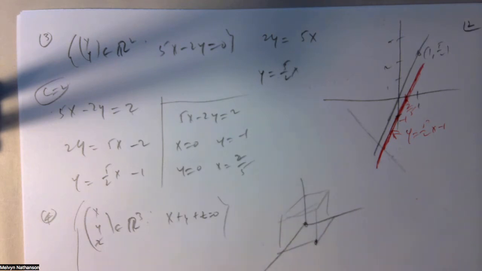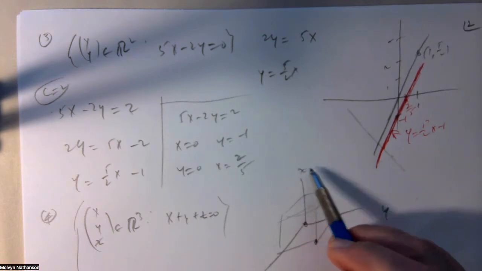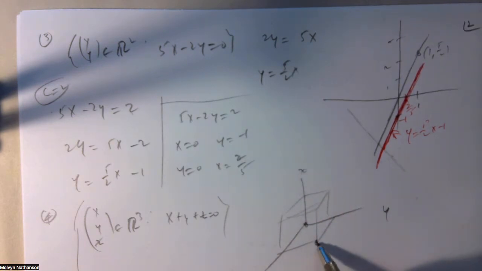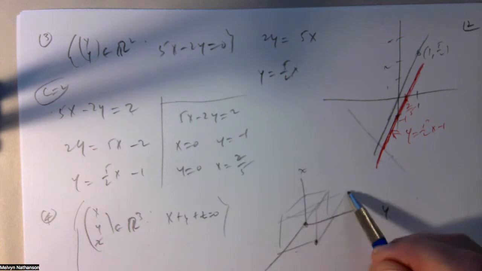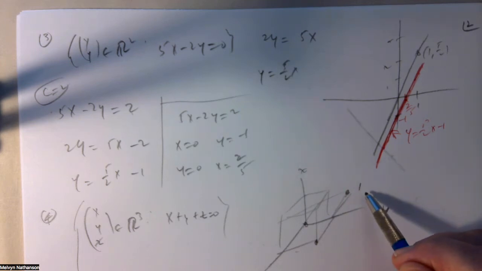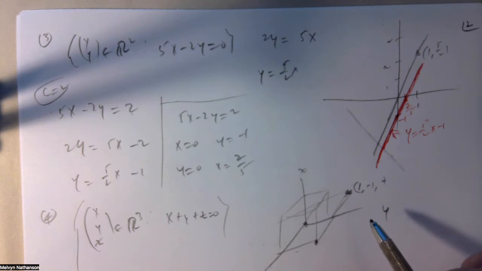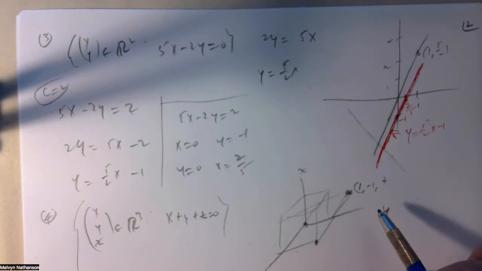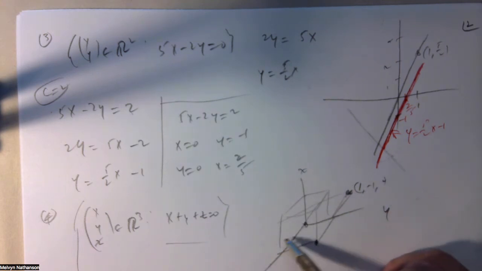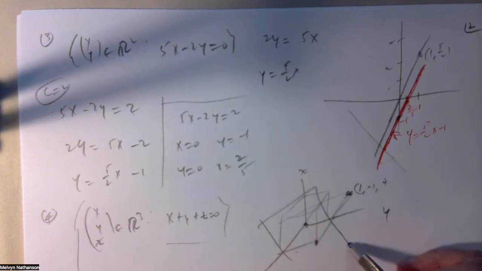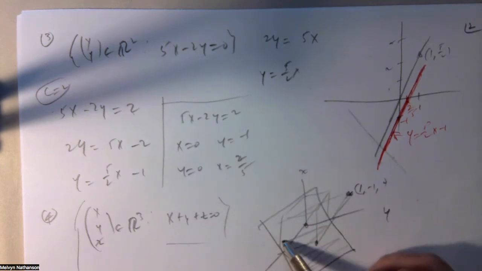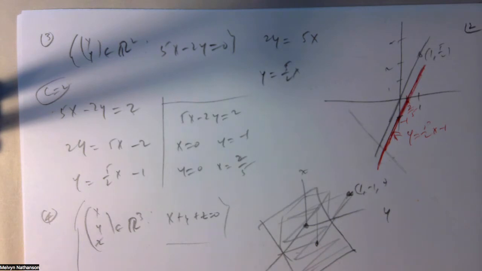If this is the x, y, and z axis, this is the point 1, 1, 0. This would be the point 1, minus 1, 0. That satisfies this equation. Actually, I can't really do it. All you have to do is say, well, there's some plane through the origin.